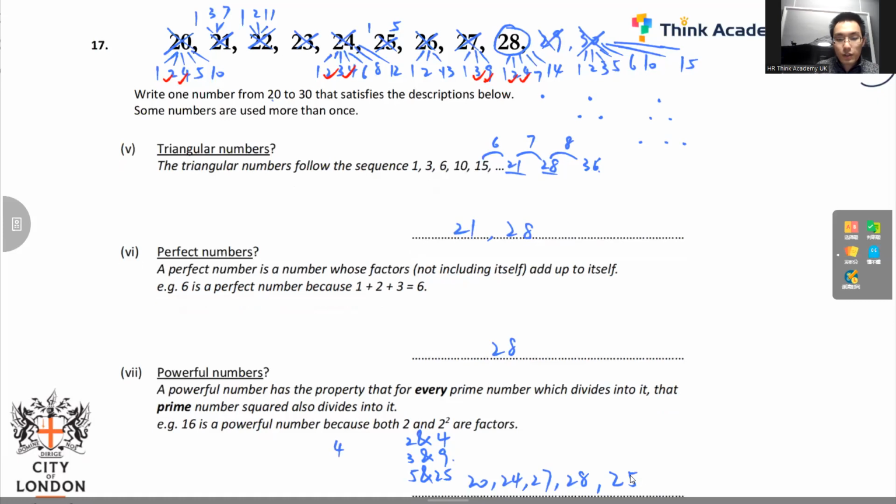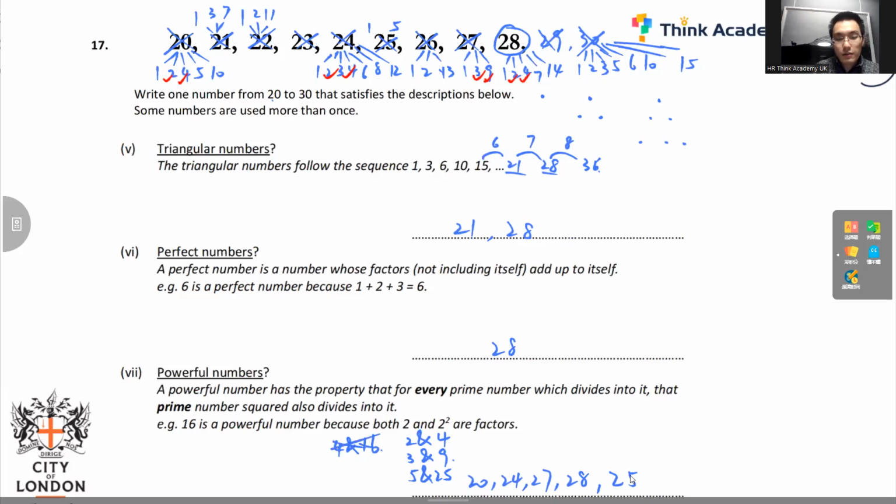And of course, we can look at 4 and 16 as well. So let's find if there are any numbers which have 4 and 16 as factors. 20, no. 21, no. 22, no. 23, prime number. 24, 4, no. 16, 25, no. 26, no. 27, no. 28, no. 29, prime number. 30, no.